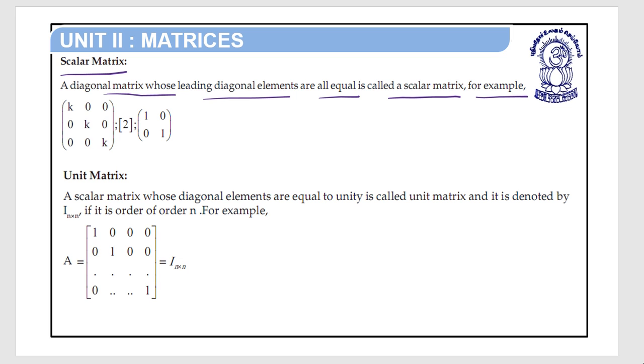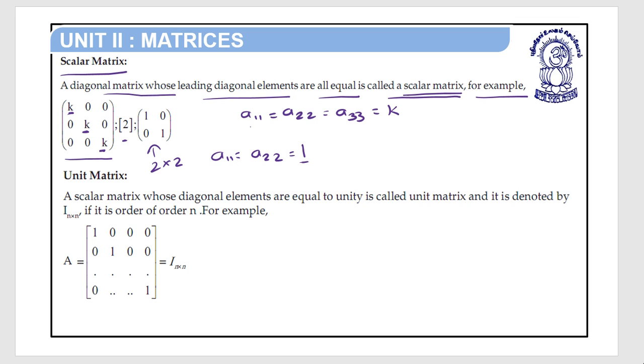For example, A11 is k, A22 is k, A33 is k, is called a scalar matrix because all the values are the same: A11 equals A22 equals A33 equals k. The matrix 1 0, 0 1 is also a scalar matrix. For a 2 by 2 matrix, A11 and A22 are both the same, value 1, so it is called a scalar matrix.